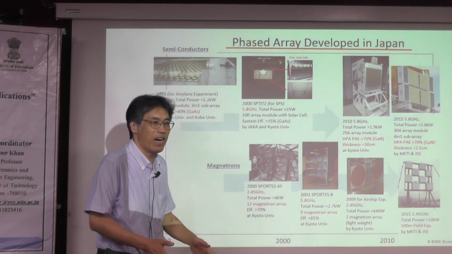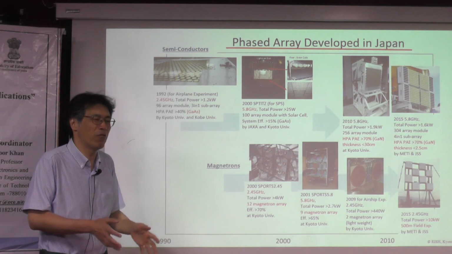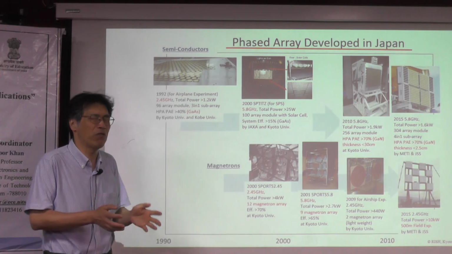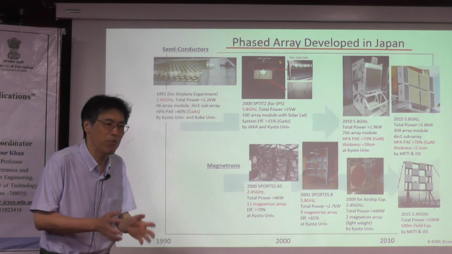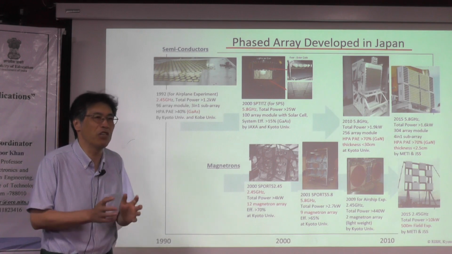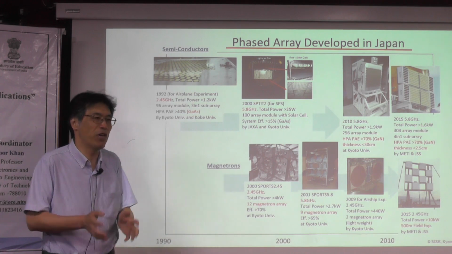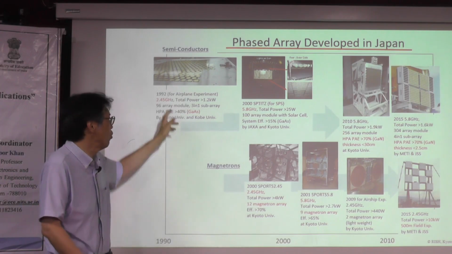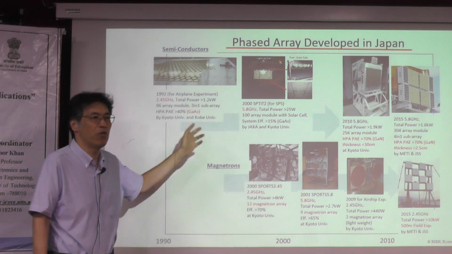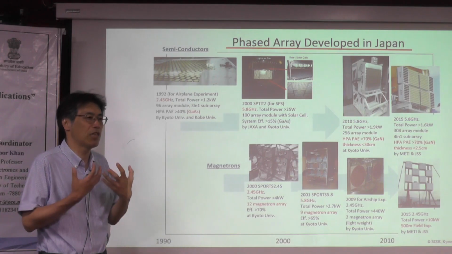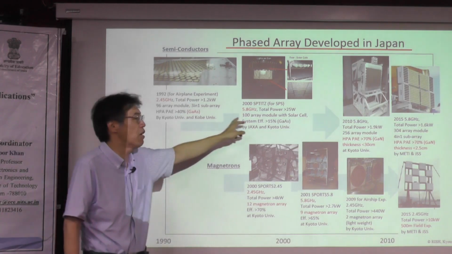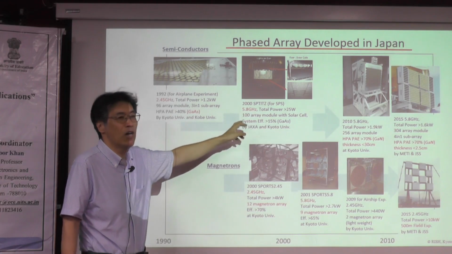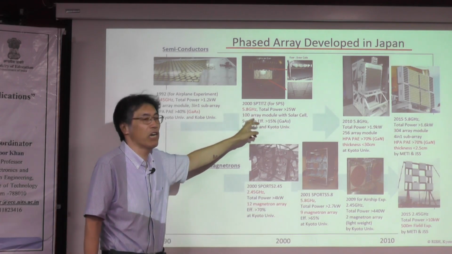This morning, I explained that if we would like to increase beam efficiency, higher frequencies are better, if we have a good high efficiency circuit. During these 10 years, we got very good circuit technology at higher frequency, so at that time we adopted 5.8 gigahertz.